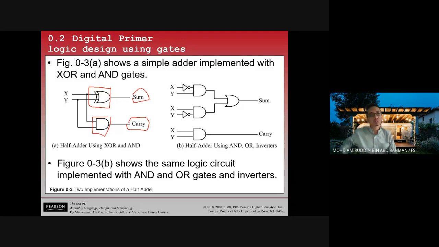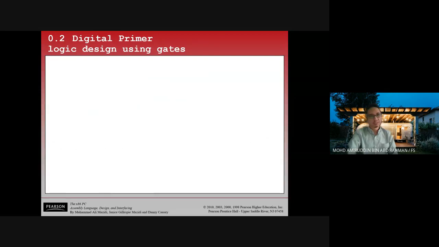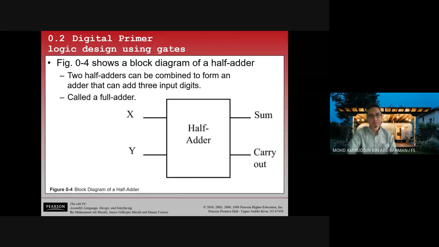We just need the traditional gates, which are the inverter, AND gate, and OR gate. But the bad thing about this is we need more gates. But the result will be similar when you do the addition.